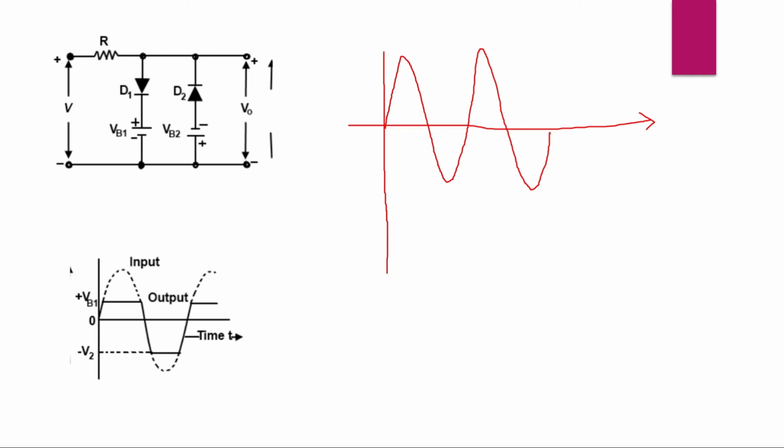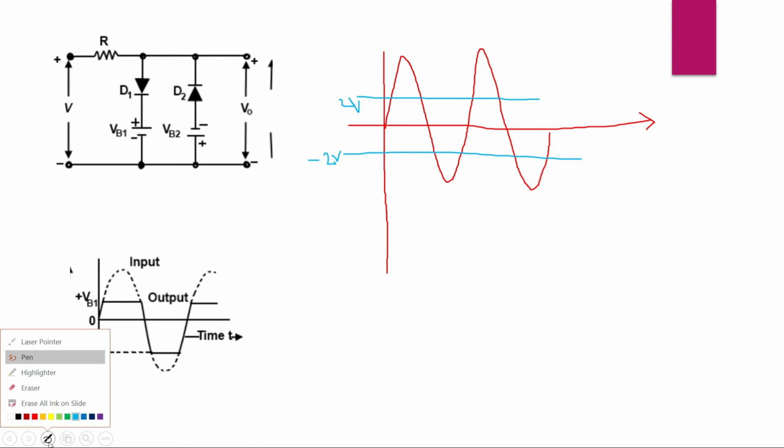To explain more clearly, we have both the positive bias and a negative bias in the same circuit. So this is the plus 2 volts, this is the minus 2 volts.